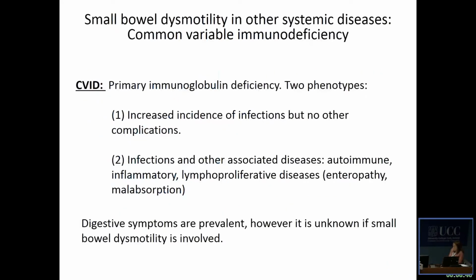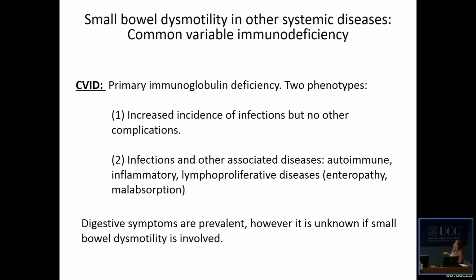So we started with some groups of patients for which our hospital is a reference center, and it was easy to start with them. We started with common variable immunodeficiency. Just very rapidly, there are two phenotypes in this disease.